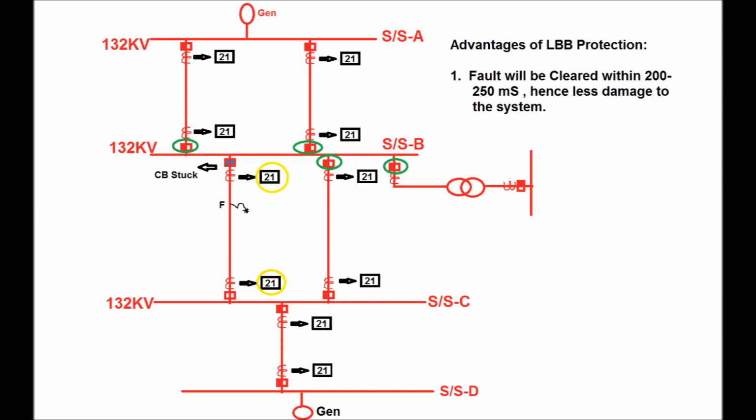If LBB protection is not used, then the fault will be cleared after the remote end substation feeder senses the fault and clears it at either zone 2 or zone 3 time. So the fault remains or persists up to zone 3 time, that is a maximum of 1.1 second. Thereby it may damage the system equipment.